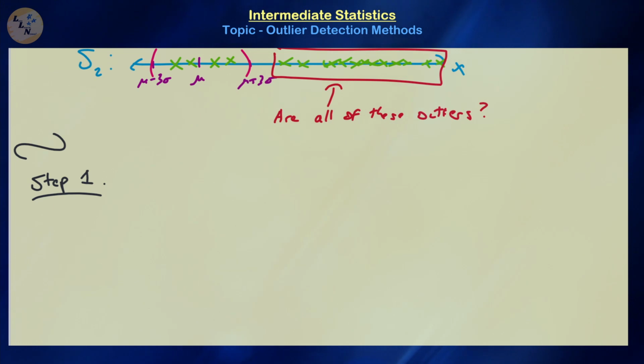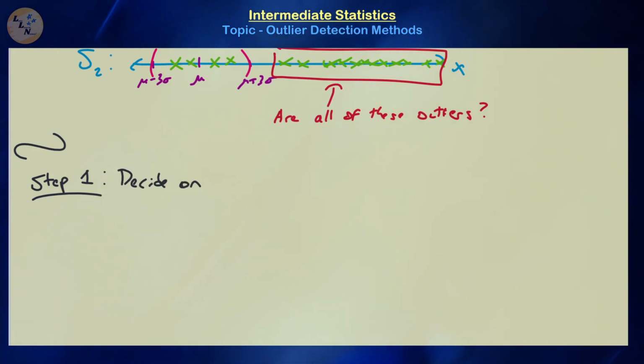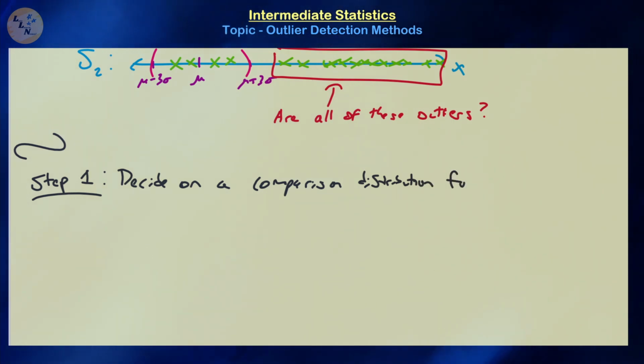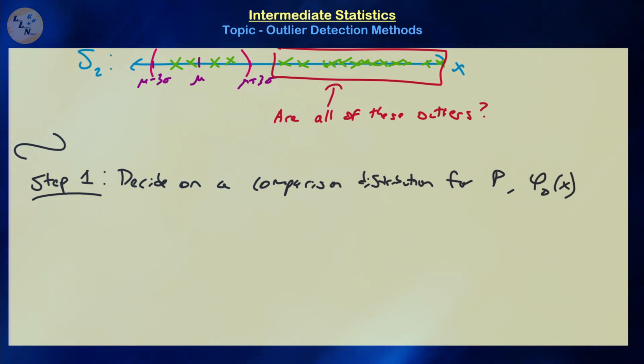So let's sketch out a basic strategy that we will explore, at least in this discussion. The first thing we need to do, step 1, is to decide on a comparison distribution, or a hypothesized distribution for p. That is this function phi sub 0 of x.